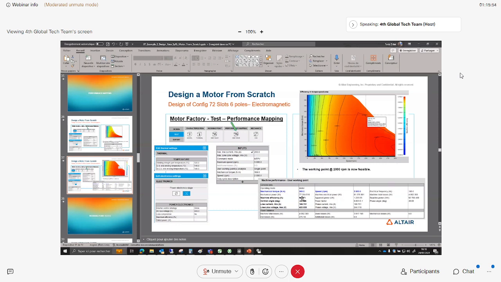So with a relatively good efficiency, but unfortunately with smaller power factor.